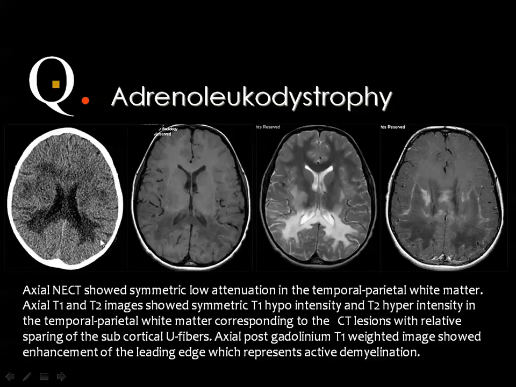The abnormality appears hypodense in the CT image and low signal in the T1, high signal in the T2, with characteristic marginal post-contrast enhancement, diagnostic of adrenoleukodystrophy, and this is one of the leukodystrophies that can be diagnosed easily from imaging.